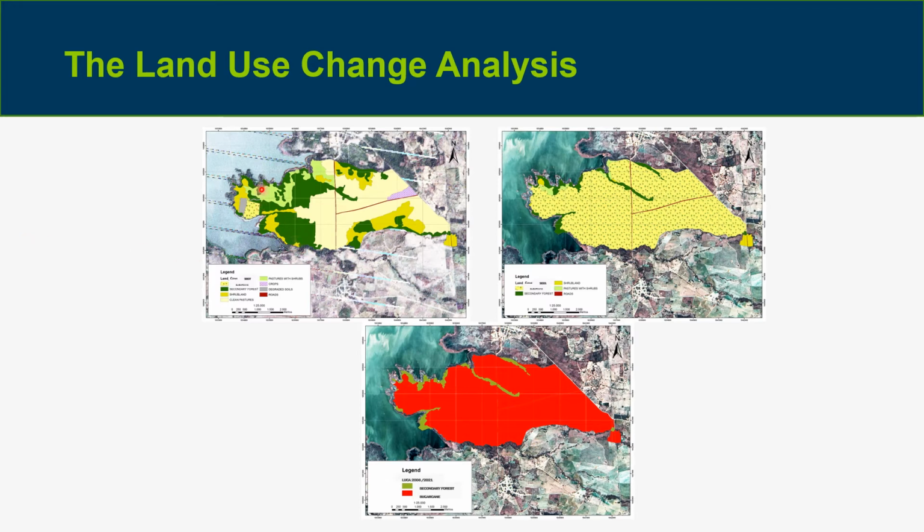So we have an interpretation of covers of 2007, for example. This is an identification of covers, let's say, for 2021. And this is maybe an identification of covers from now. So we can see the land use change, for example, sugarcane and secondary forests.